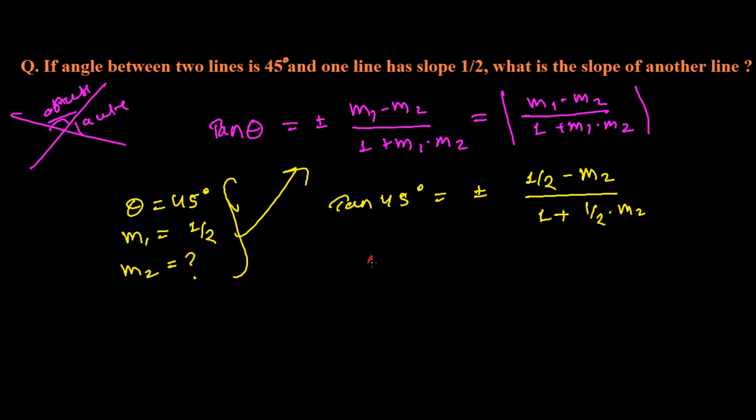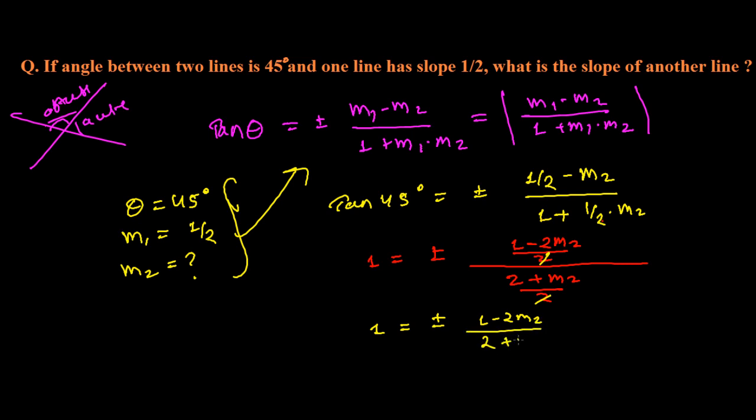Now tan 45 is actually 1, so it's plus minus (1 minus 2m2) divided by 2, and the whole divided by (2 plus m2) divided by 2. Here the 2 and 2 cancel, so 1 equals plus minus (1 minus 2m2) divided by (2 plus m2).